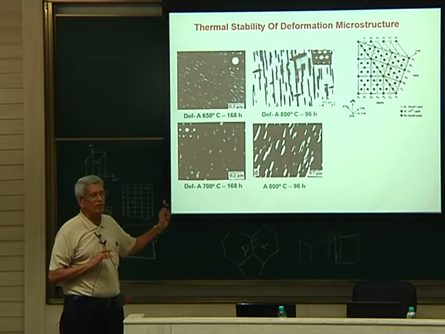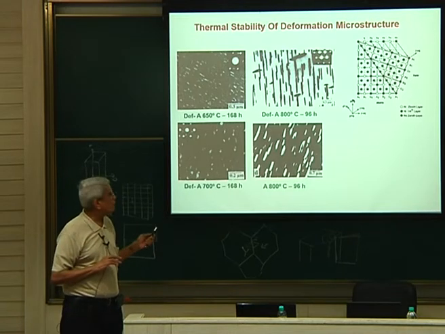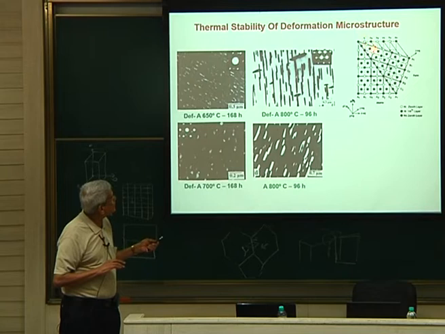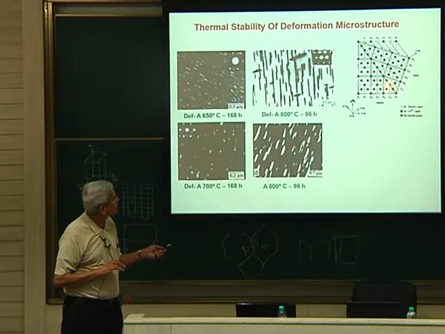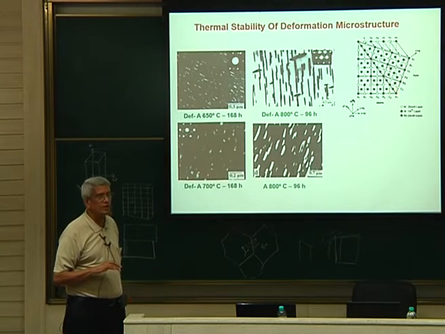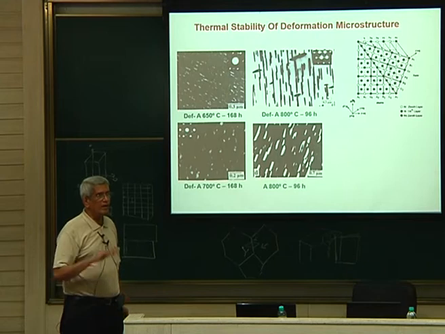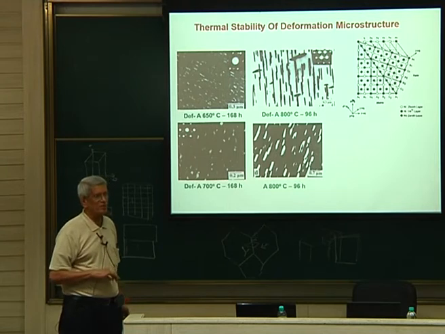That is one of the conclusions which we can form from this study. And if you look at these twins which are there here, okay, the interface between the twin, if you consider one layer on either side, it is nothing but an ABA type of structure, which is nothing but the nuclei of the HCP phase.